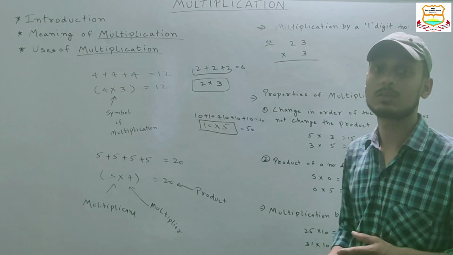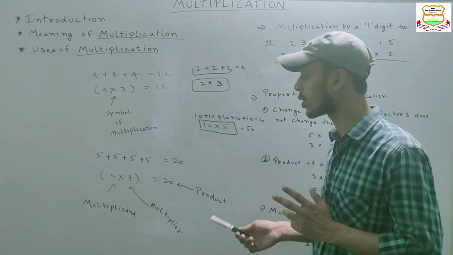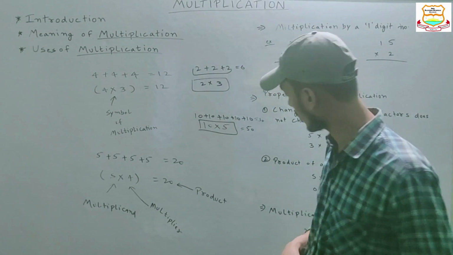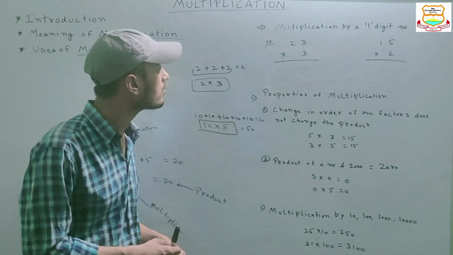And the result we get after multiplication is called the product. Got it? Okay, I hope you all are understanding it.